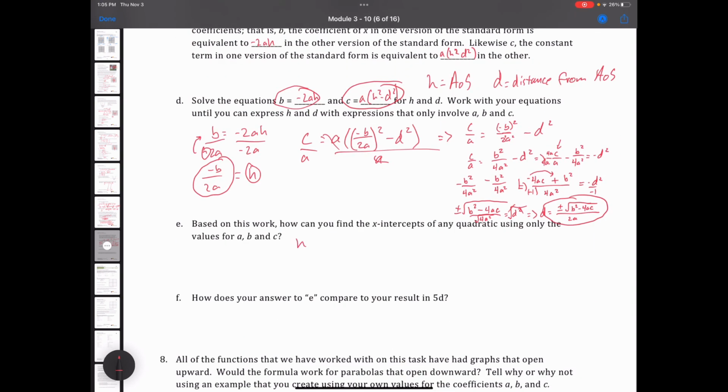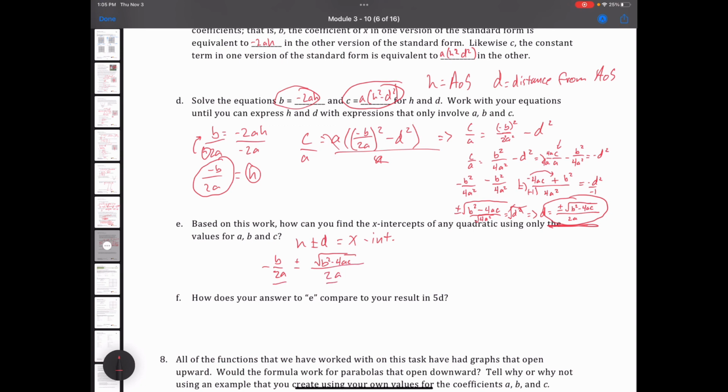Which is actually the next question. h plus or minus d are the x-intercepts. So I've got negative b over 2a, and the plus or minus is already built in over here on this d: the square root of b squared minus 4ac all over 2a.